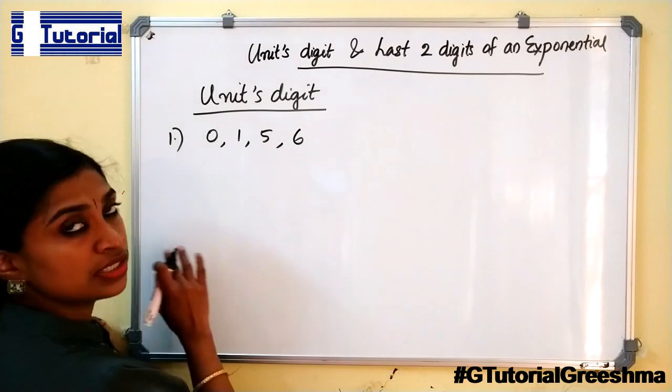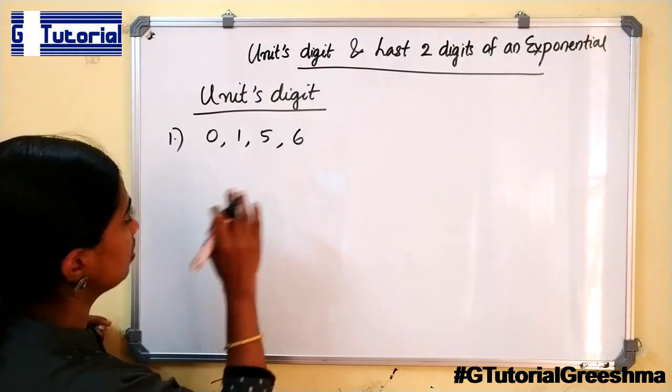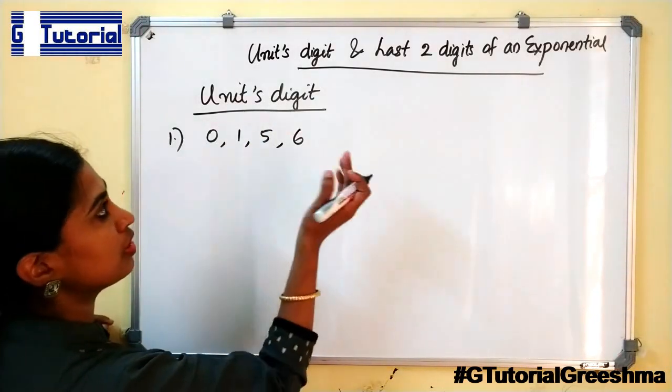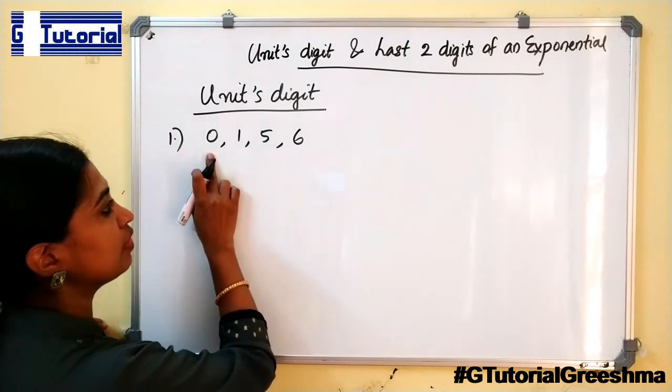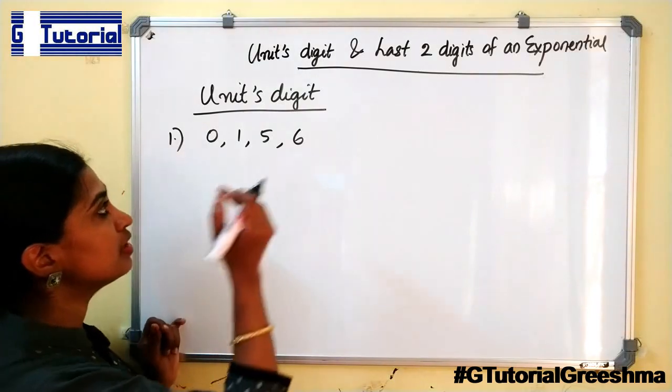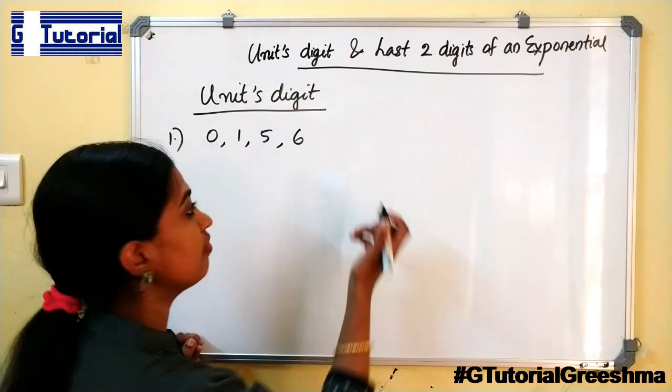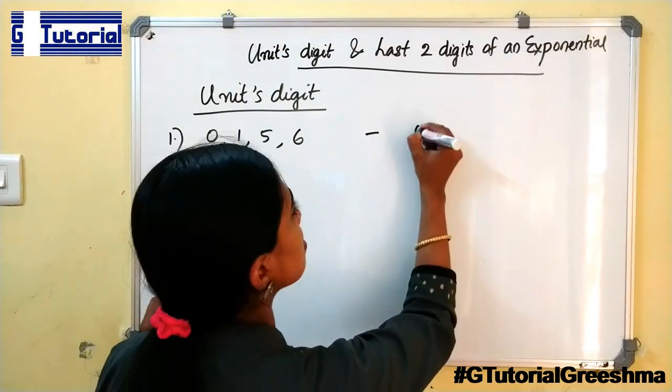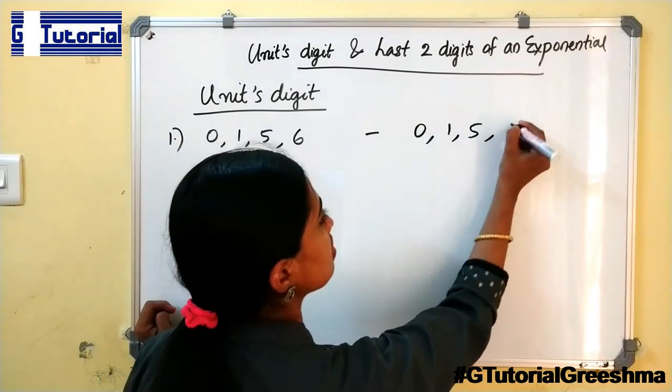The last digit of the exponential of a number ending with 0, 1, 5, 6 will also be the same digit: 0, 1, 5, 6.